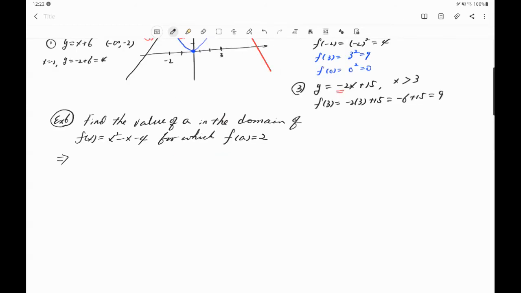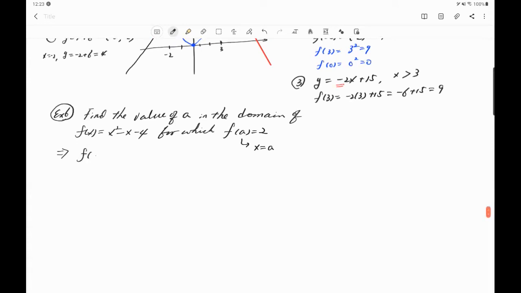Okay, so we want to find the value of a. A is an x value. I don't know what this a value is, but f of a is equal to 2. So just replace x with a.